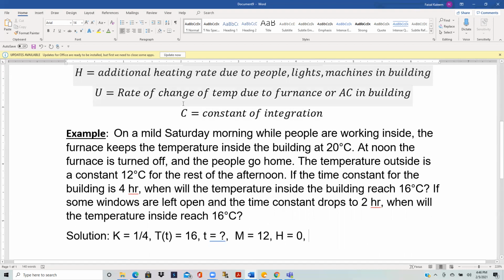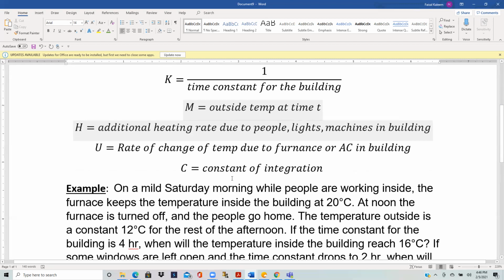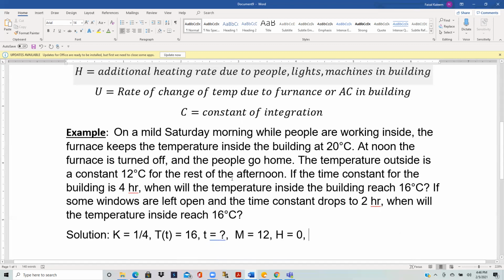And then U is the rate of change of temperature due to furnace or air conditioner in the building. The furnace keeps the temperature inside the building at 20 degrees C. So we are interested in what's happening after noon.